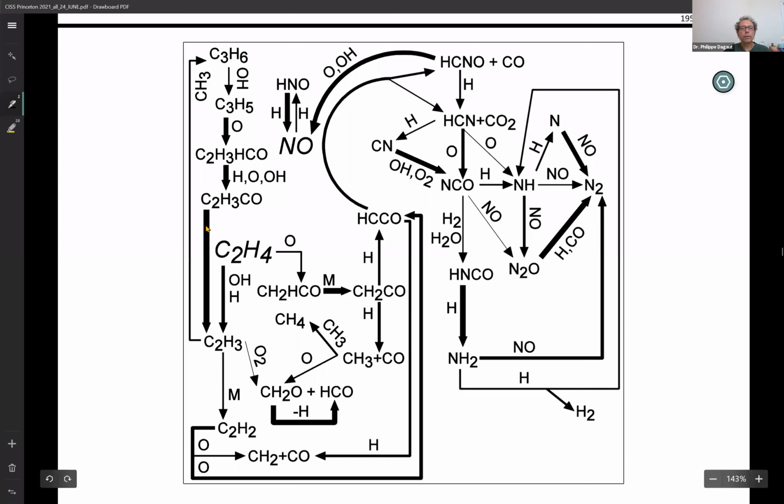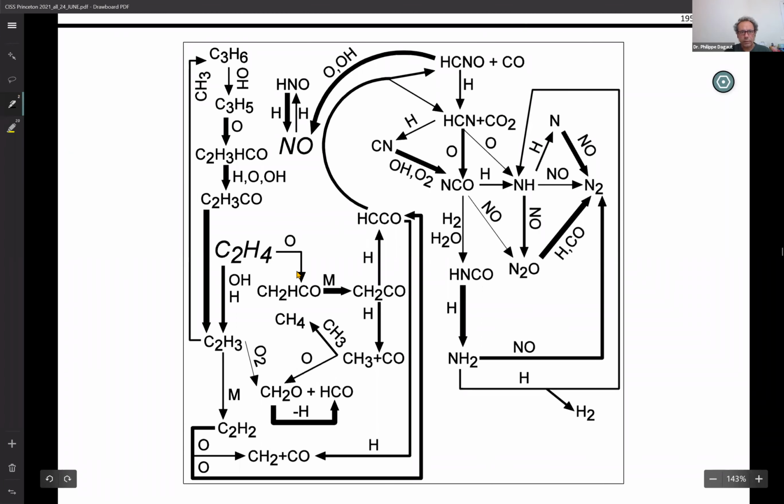So when ethylene is the fuel, it looks a bit busy and complicated, but I will tell you how it's organized. Here on the right hand side, you have the chemistry of the fuel, and here the chemistry between fuel radicals and NO. Okay, so we start with ethylene.